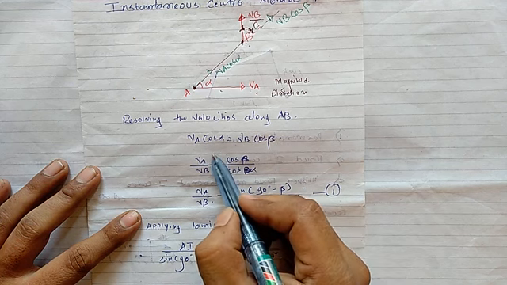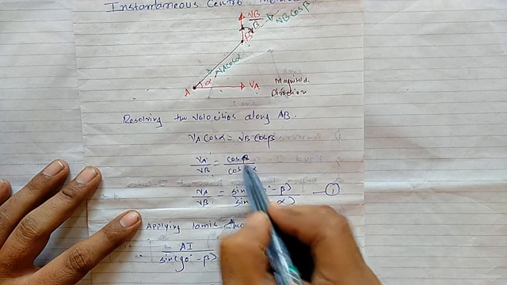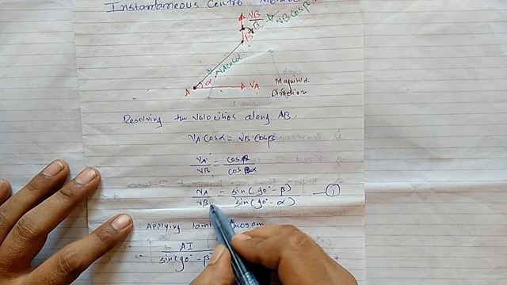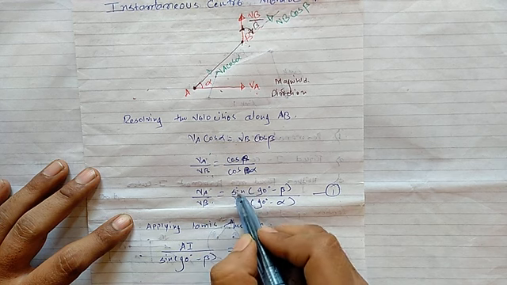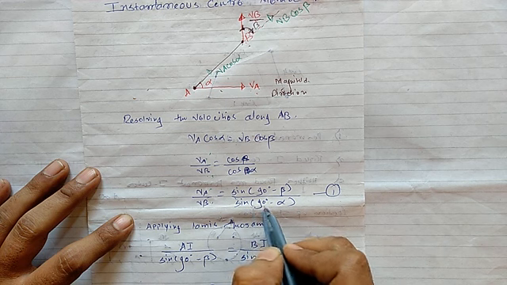Now keeping one side VA upon VB, VA upon VB is equal to cos beta upon cos alpha, okay. Now VA upon VB is equal to sin(90 minus beta) divided by sin(90 minus alpha).